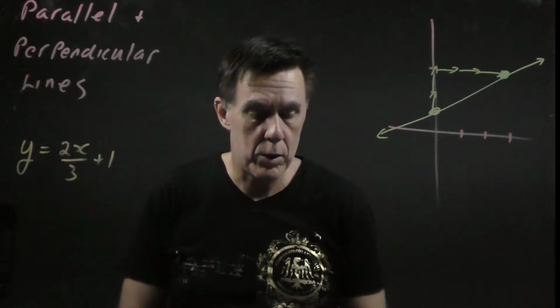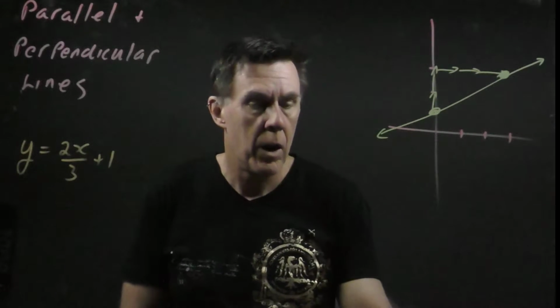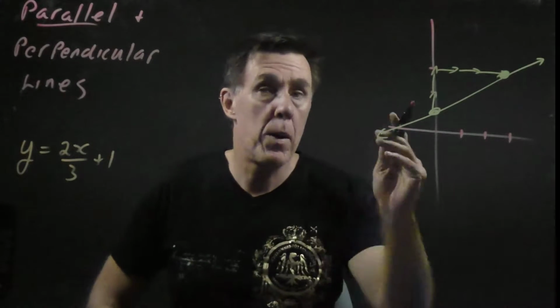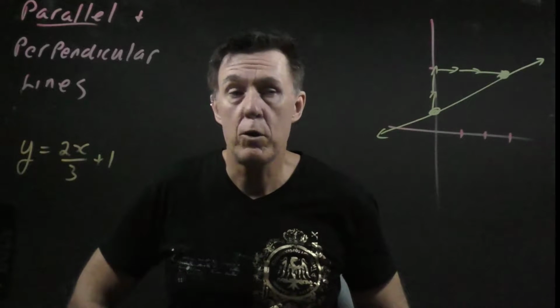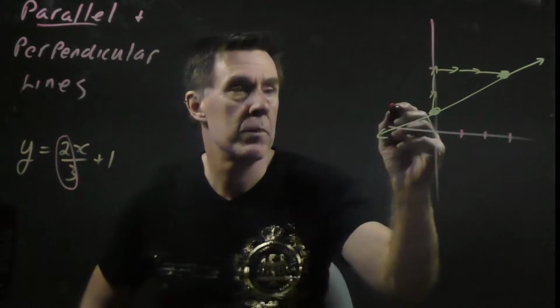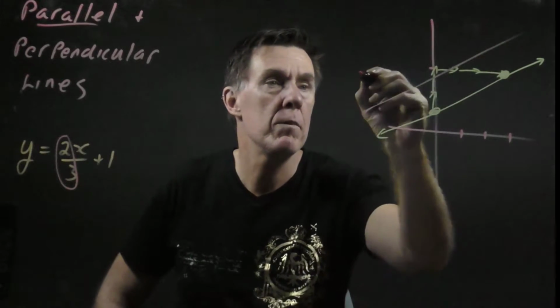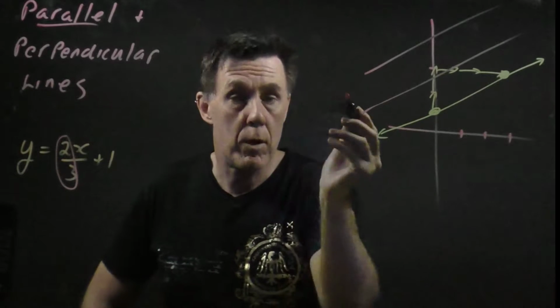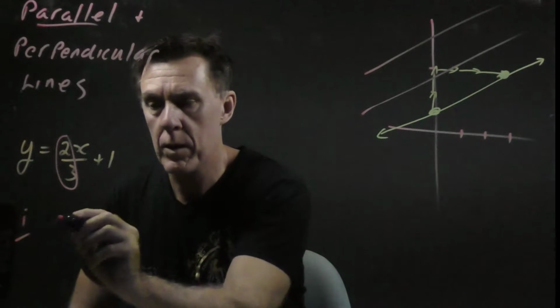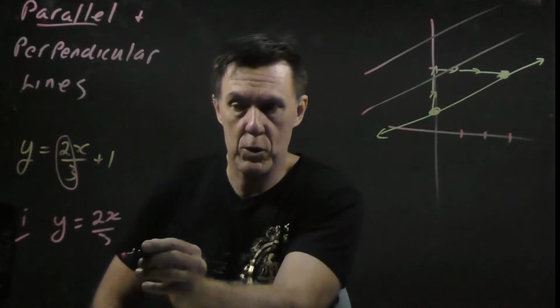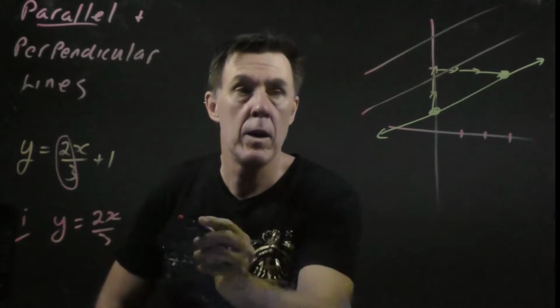Now you're going to get some questions that will ask you to come up with the equation of a line that is parallel to this one. Well, for it to be parallel, it just has to have the same gradient. So there's a parallel line, there's another parallel line. They have exactly the same gradient, so for the parallel line it's just going to be y is equal to 2x on 3.